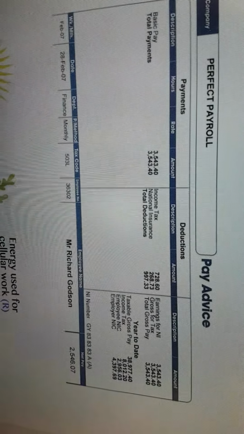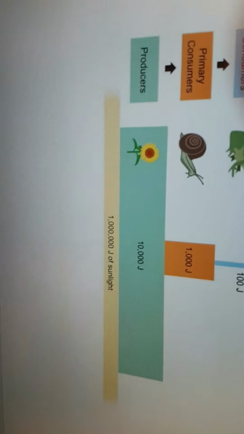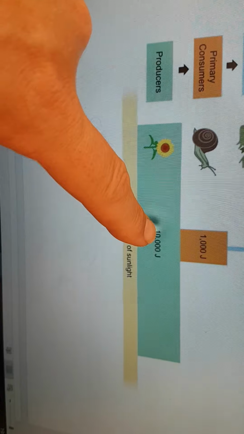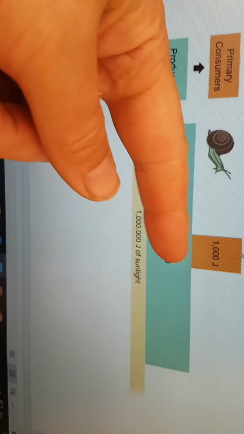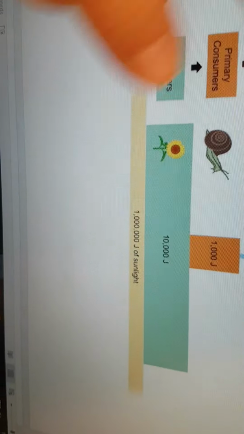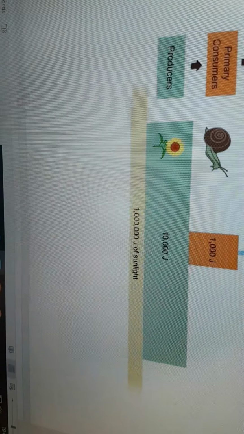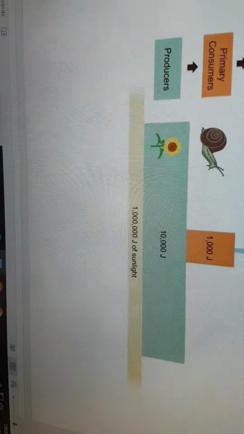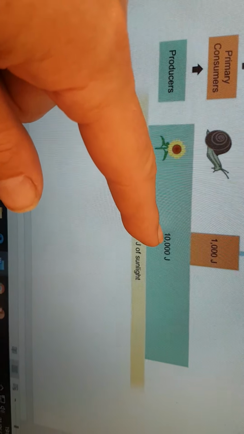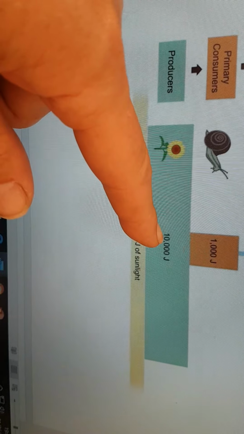Same applies in productivity. Of those 10,000 joules that plants manage to convert into chemical energy, basically in the form of glucose, it's not all available to be eaten by the herbivores, because plants use up some of that energy in their own respiration. It's not all converted into biomass in the plant.